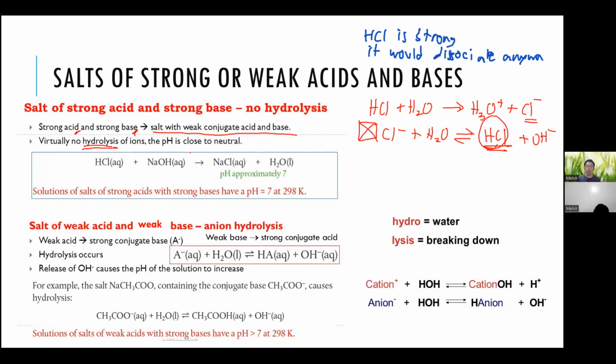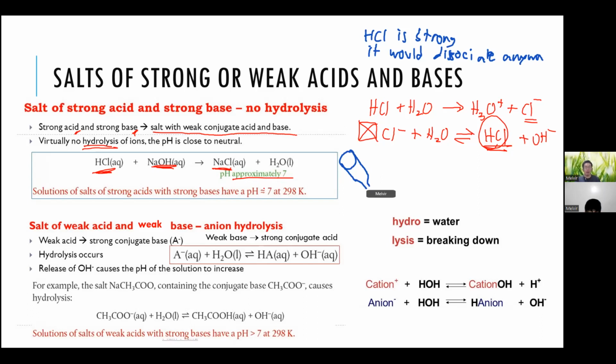So therefore, their pH is close to neutrality. So let's say, ayan, if we mix HCl and NaOH, we'll have sodium chloride, which is approximately 7. Yan yung nangyayari sa mga salts ng strong acids and strong base. So let's say, ang salt mo ay sodium chloride, no?